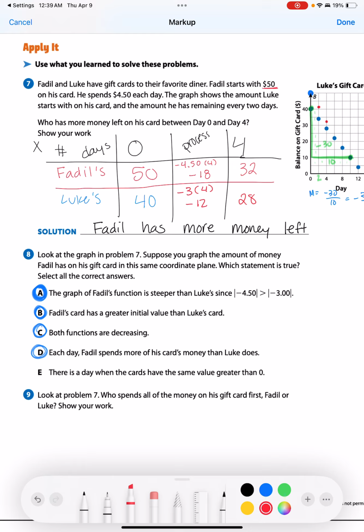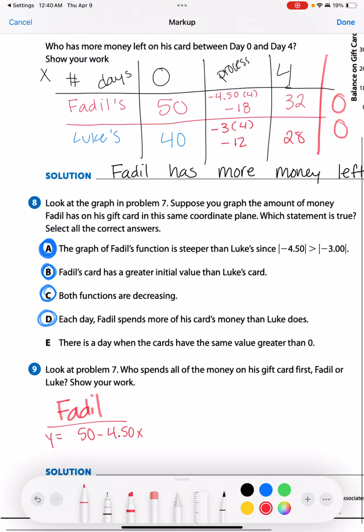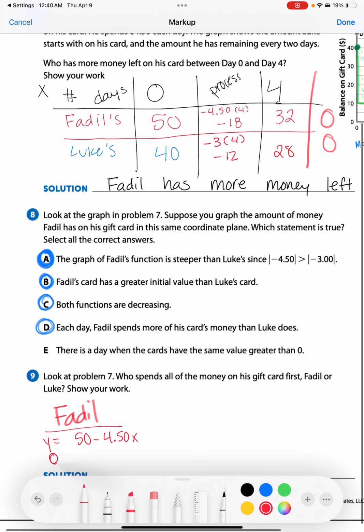So then, looking at the same problem, who spends all of the money on his gift card first, Fadil or Luke? So if I want my output, my Y value to be 0, I can substitute that in. Right, so if Y equals 50 minus 4.50x, and I want to know when my outcome is $0.